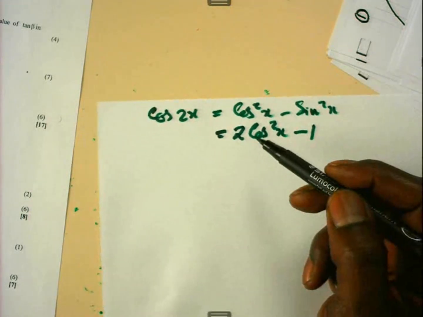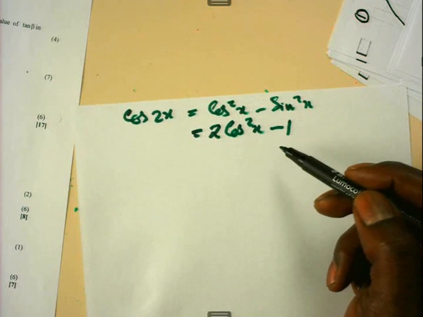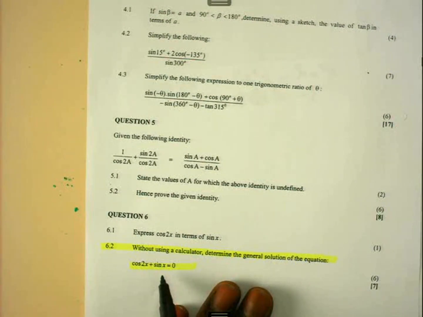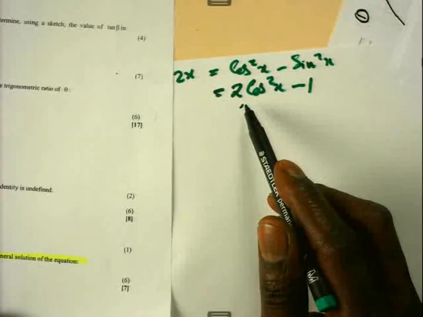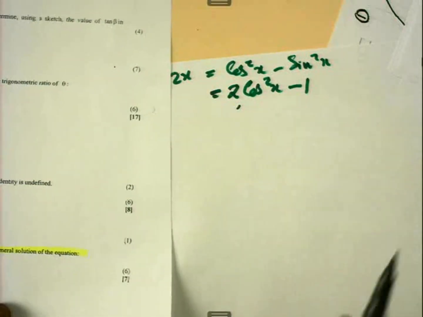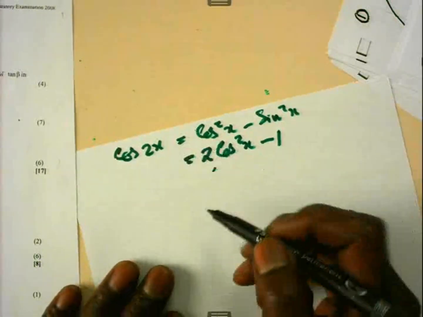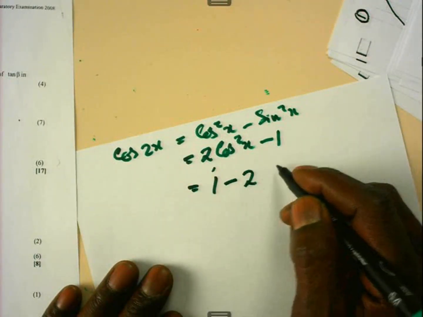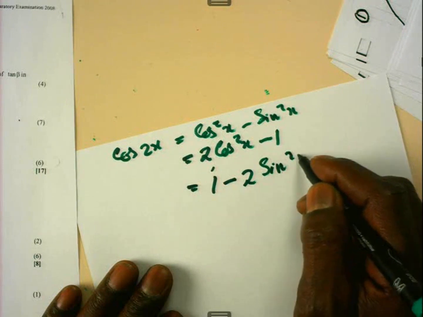Now the question is, is this going to help us? I don't think this is going to help us because we'll still have cos and sine there, because this is 2 cos squared x minus 1. And cos 2x is the same as 1 minus 2 sine squared x.